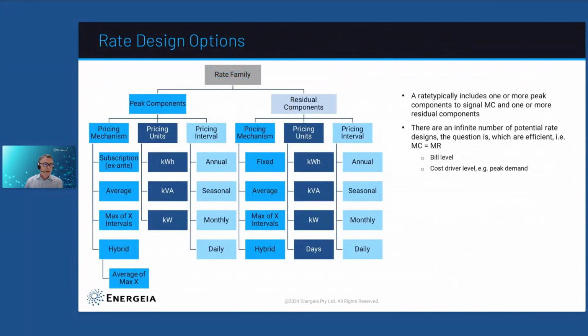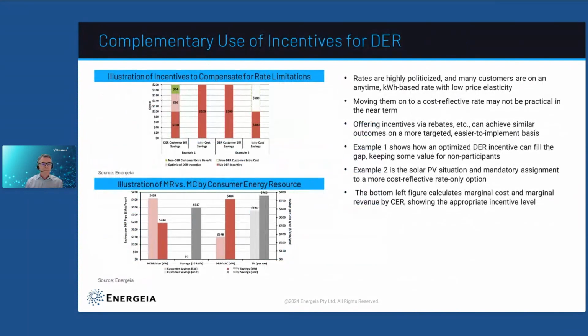In terms of the rate design options, there's actually quite a few of them. Whether it's subscription, you use a maximum, you might have an averaging, whether you're charging on kilowatt hours, kVA, or kilowatts. So there's a whole universe of different methods that can be used as rate design. How do we know what decisions around here mean in terms of how it's going to drive customer behavior?